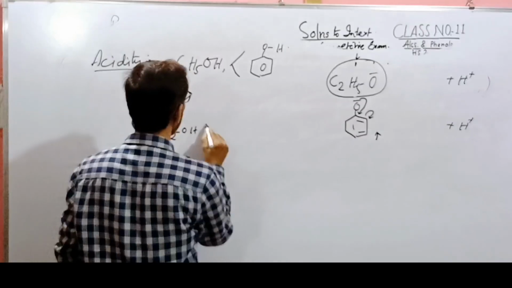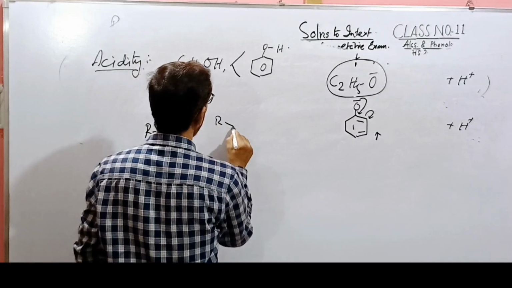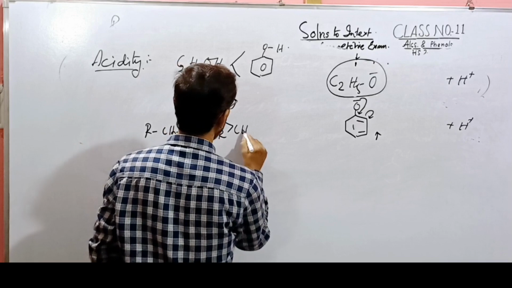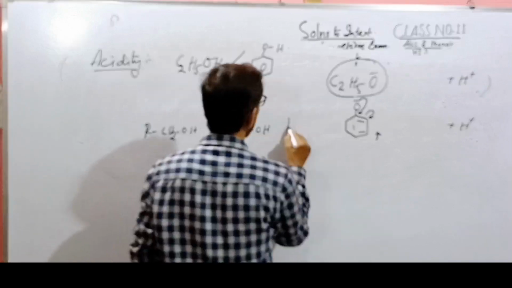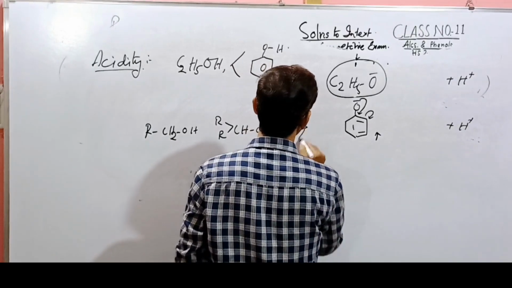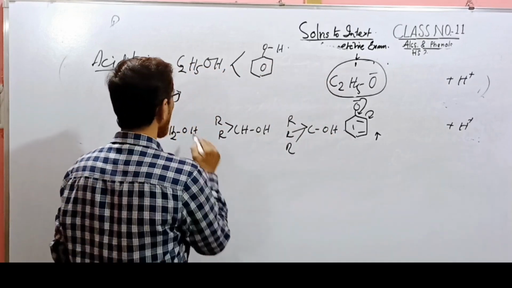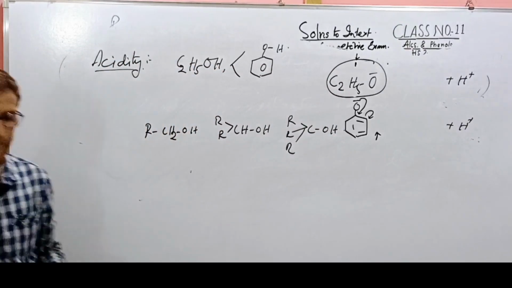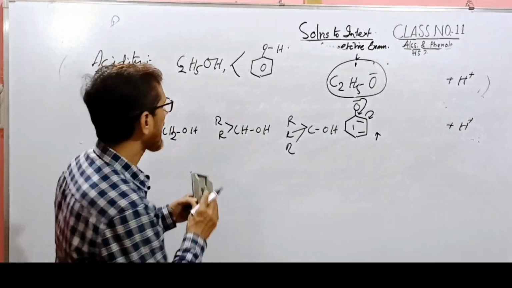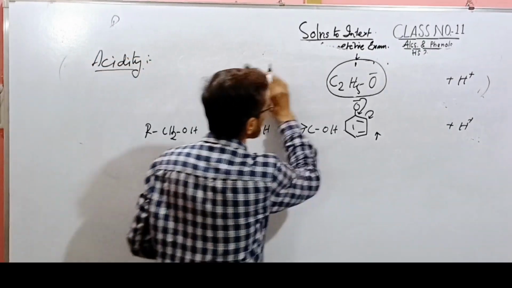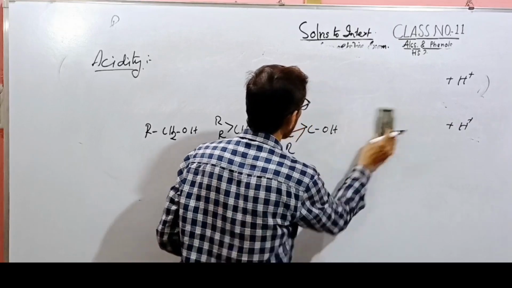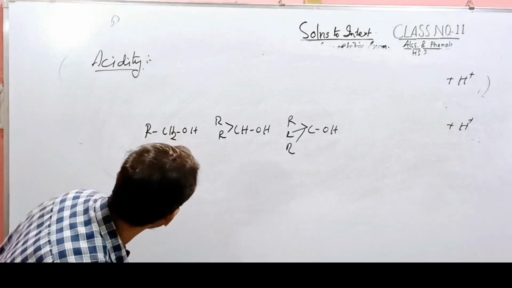Next, RCH2OH, RCHOH, RRCOH. If I ask you to arrange them in increasing or decreasing order of acidity, what will be the order?